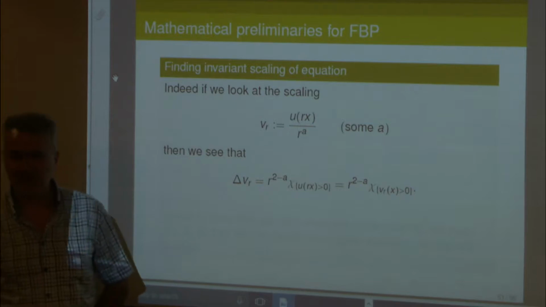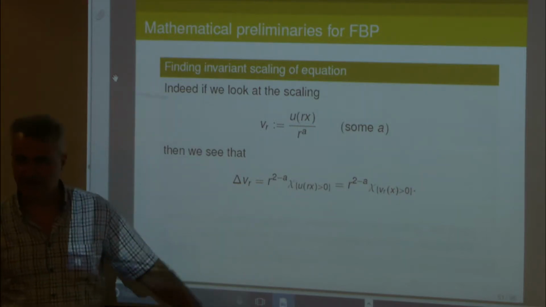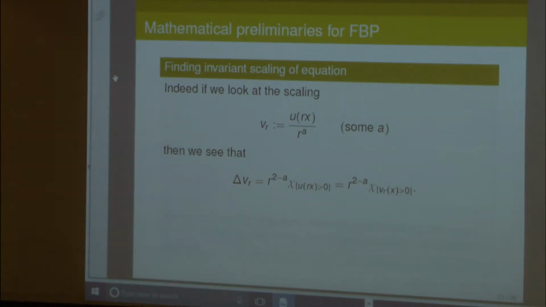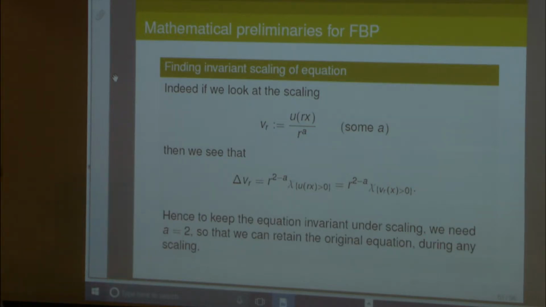Is everybody comfortable in showing that this is the scenario we get? Maybe we can do this as practice, but this is just computation. Of course, a equals 2, that's the only choice I have here. I cannot do anything else. So I have to prove it, and I already proved that I get this.